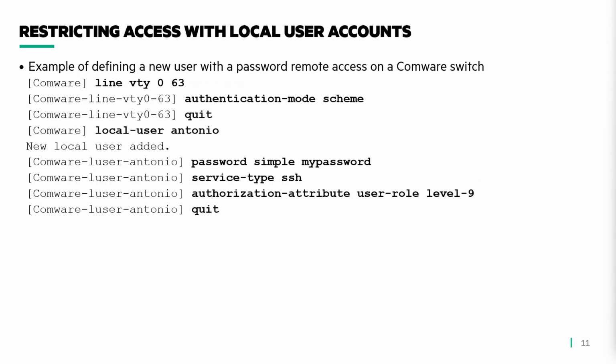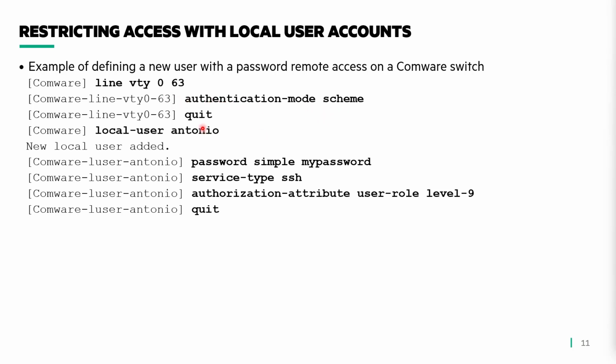You can also restrict access with local user accounts. So here, remember, you can do line VTY 0 to 63. Of course, the range can be less, like you don't want to open all these 64 virtual lines or interfaces. You might go 0 to 9 or 0 to 4, for example.